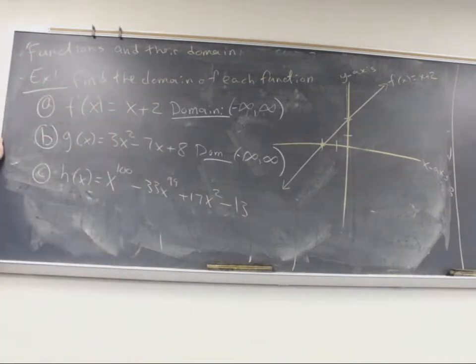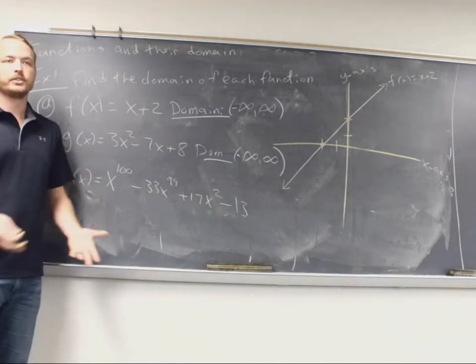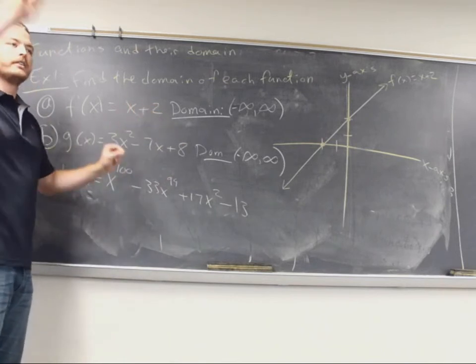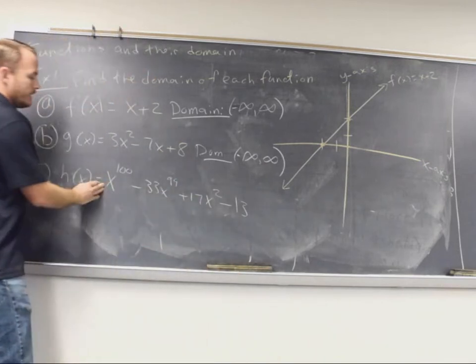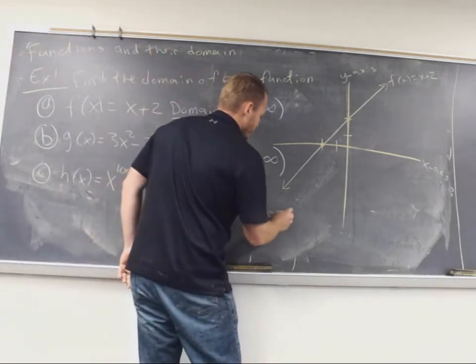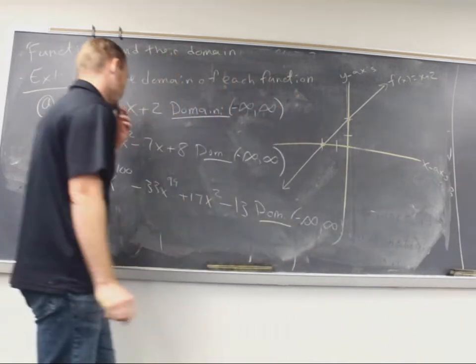That is also a polynomial function. So this is just one of those things, and I hate saying this, it's just easier to remember. If you have a polynomial function, then it's going to be all real numbers. And a way that you can help is you'll have a calculator. So plug this in the calculator, and you'll be able to tell that it just keeps going on and on forever to negative infinity, infinity. It's the same thing for all of these here. So the domain for this one, again, is all real numbers, negative infinity to infinity.